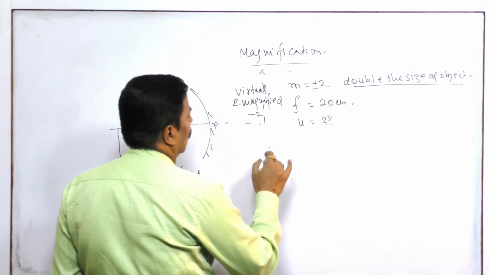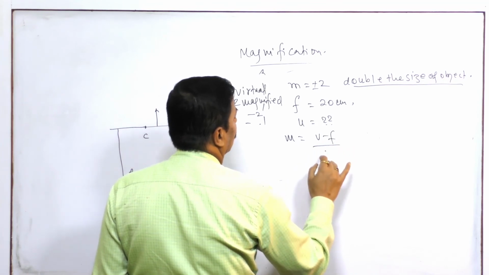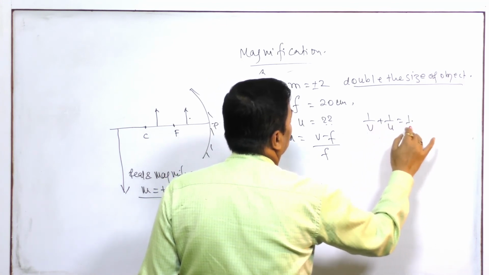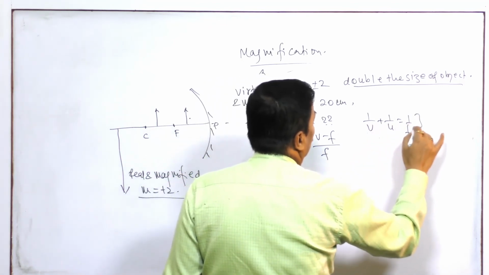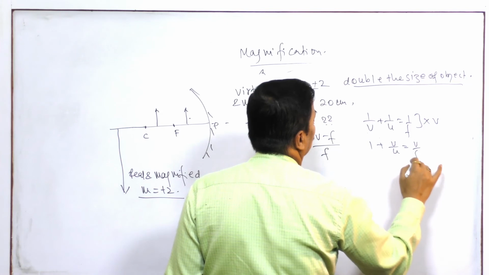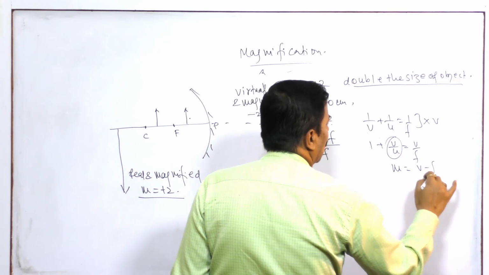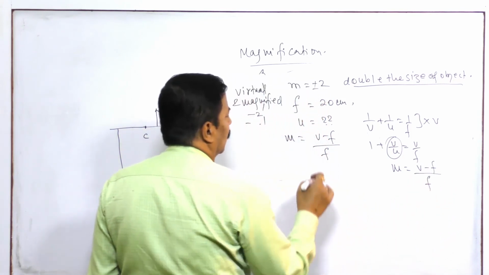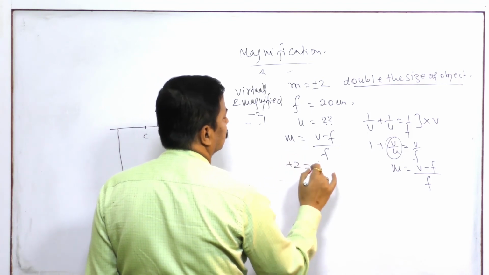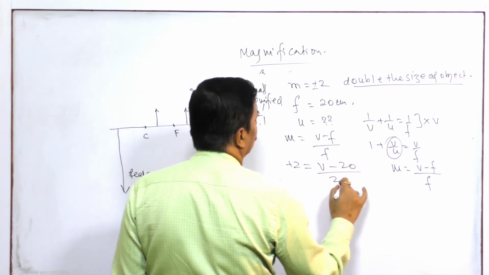So using M is equal to V minus F by F, from 1 by V plus 1 by U is equal to 1 by F, multiply by V, 1 plus V by U is equal to V by F. This is M equal to V minus F by F. Put the value plus 2: 2 is V minus 20 by 20.